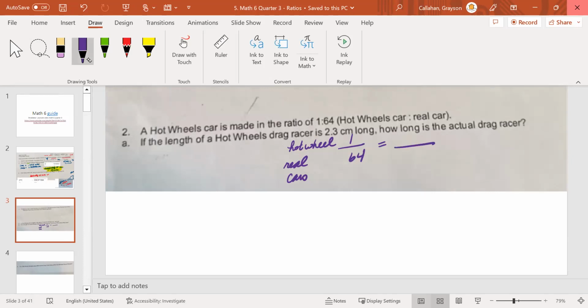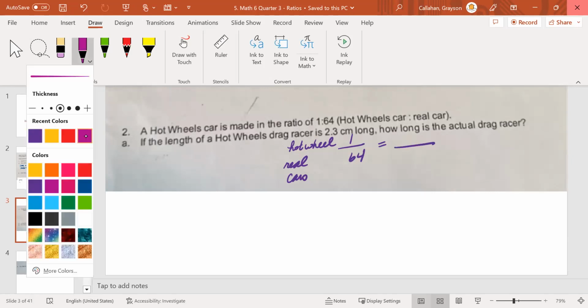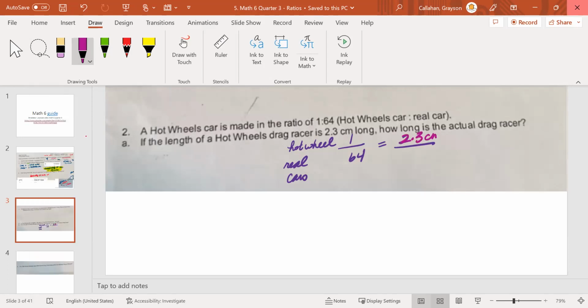So where am I going to put the 2.3? Numerator or denominator? Yeah. So 2.3 centimeters. How long is the actual drag racer? So we'll put X right there. Multiply here and the other side. So you go ahead and do that.